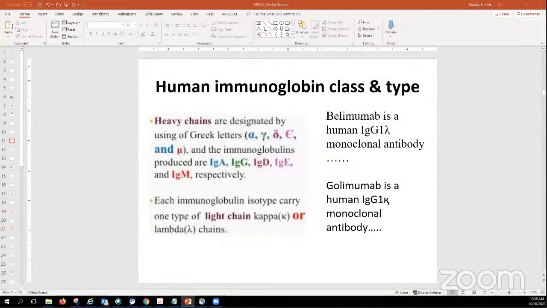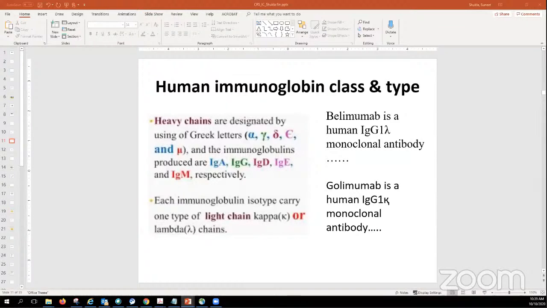So in terms of the classification of human immunoglobulins and the type, these heavy chains are designated by the Greek letters alpha, gamma, delta, epsilon, and mu. And the immunoglobulins are labeled as IgA, IgG, IgD, IgE, and IgM respectively.